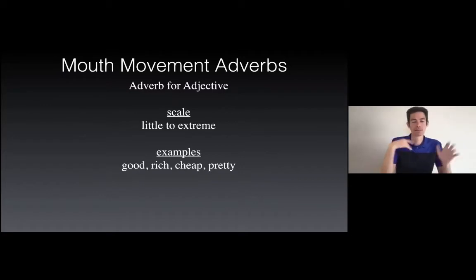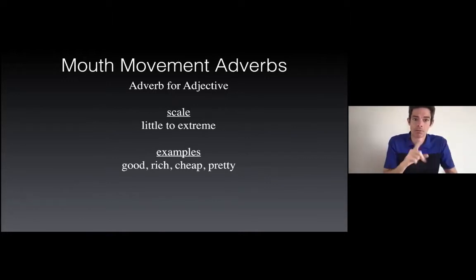Oh, I see. Okay, so with the adjectives, I did go down to two things. So, little to extreme. Notice my mouth morphemes. With an adjective like good, if I say good with this mouth morpheme, it's a little good.